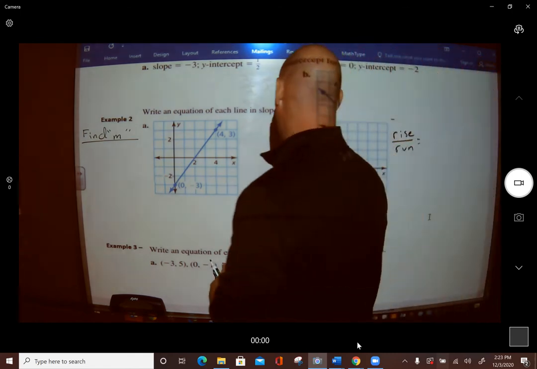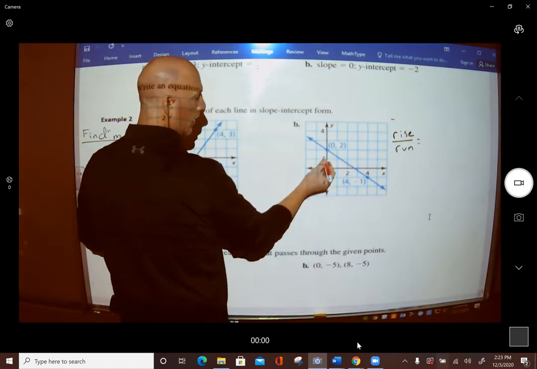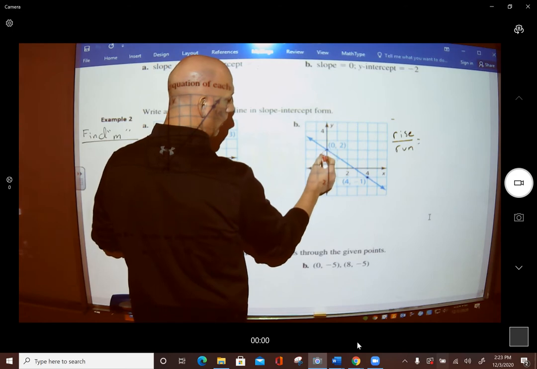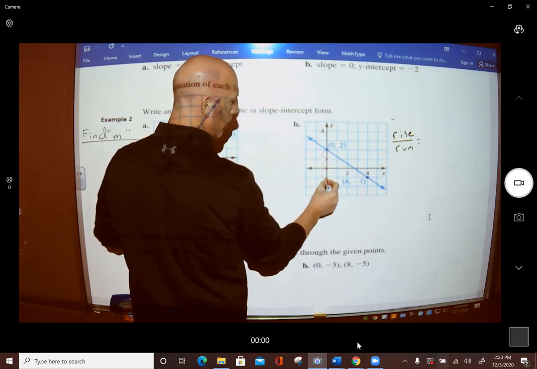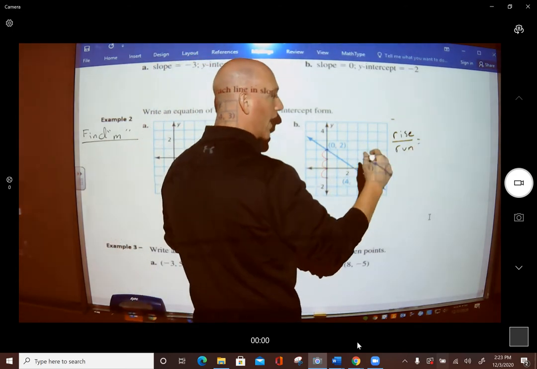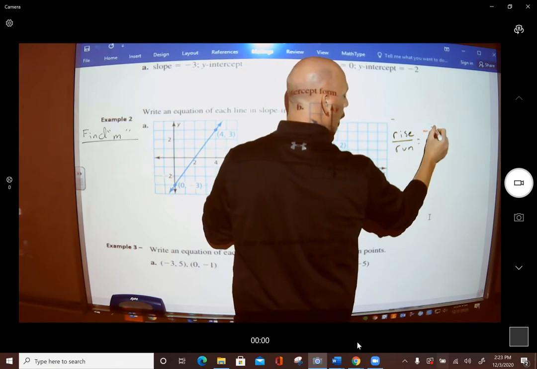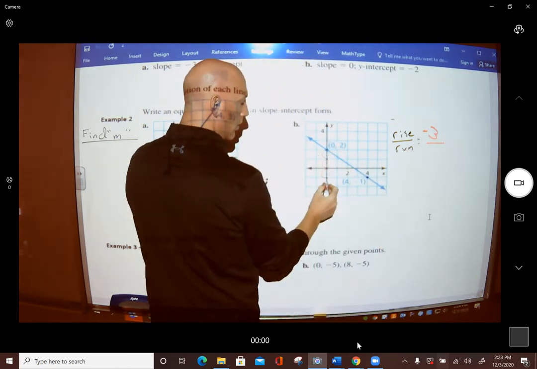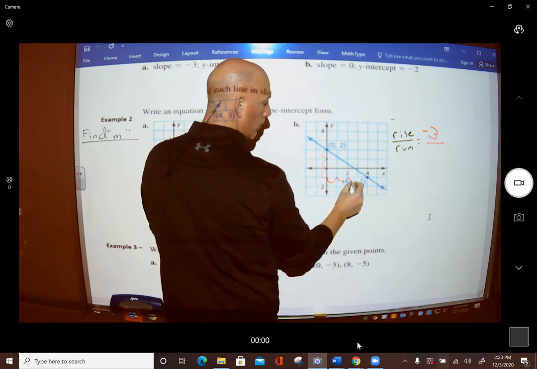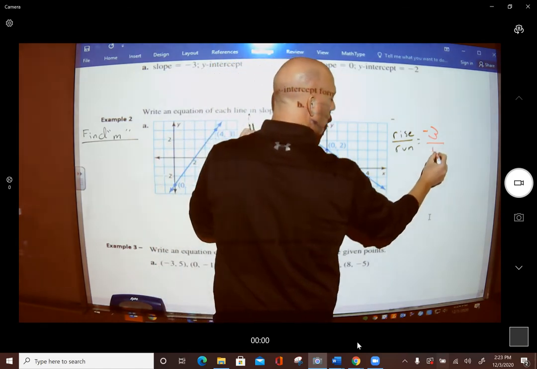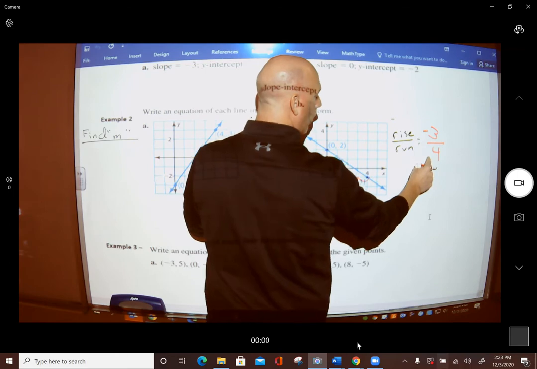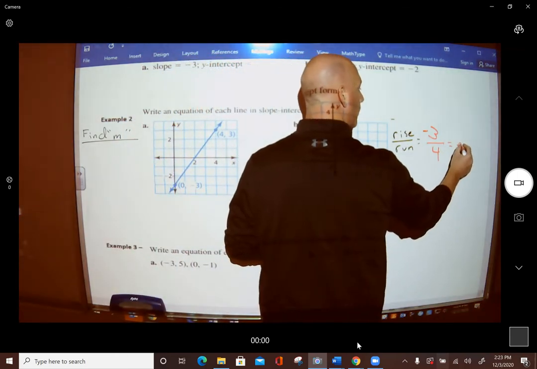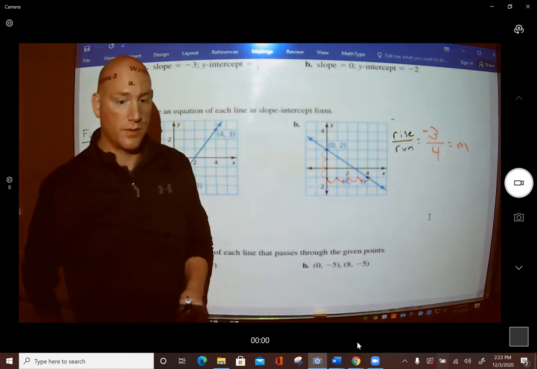You find two lattice points. Here's one, and here's one. So I go down 1, 2, 3. I'm going to represent down 3 with a -3. That means I went down 3 over 1, 2, 3, 4. Down 3 over 4. So my slope, or my m, is -3/4.